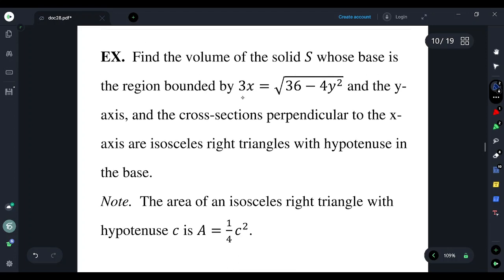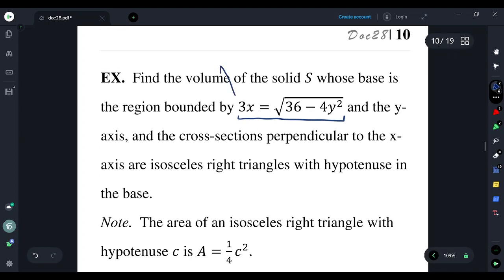first let's take a look at the curve 3x equal to square root 36 minus 4y squared. By squaring both sides, you're going to see the equation 3x squared equal to 36 minus 4y squared, and this is just x squared over 4 plus y squared over 9 equal to 1, and it is an ellipse.